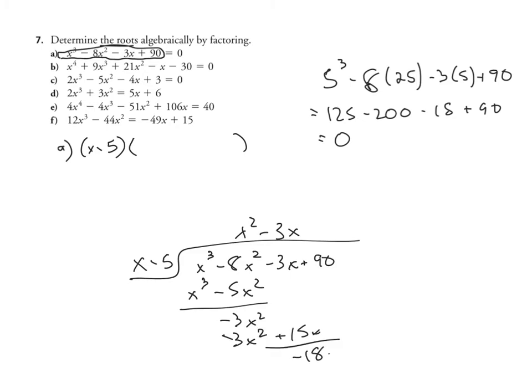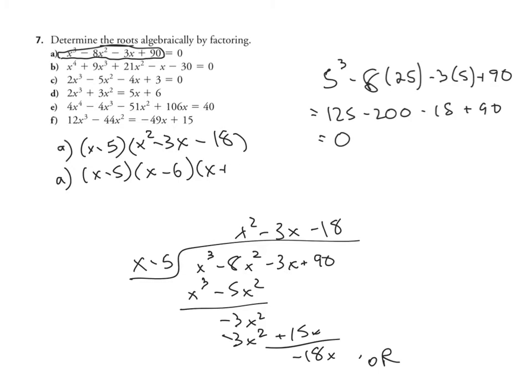That's -18x, so minus 18, and this is going to have a 0 remainder. You can finish that off if you want. I just did it in my head. Minus 18, and so there's x minus 5, and two numbers that multiply to give minus 18: -6 and plus 3. -6 and 3 multiply to give -18 and add to give -3.